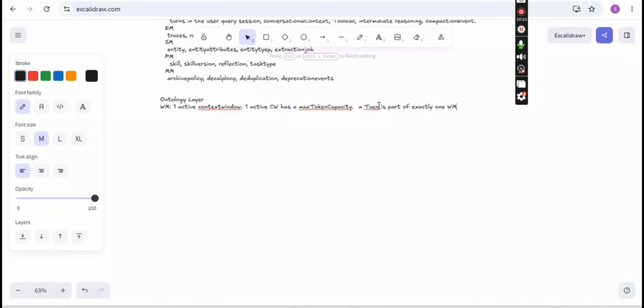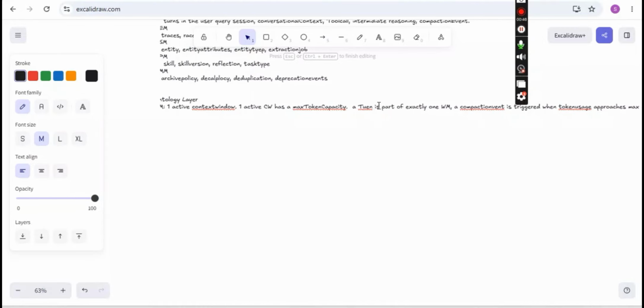one working memory. A compaction event is triggered when token usage approaches max token capacity.